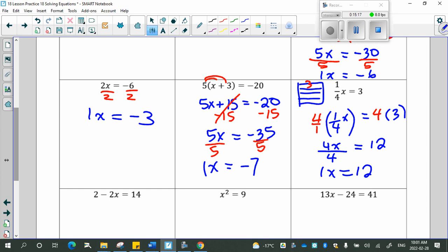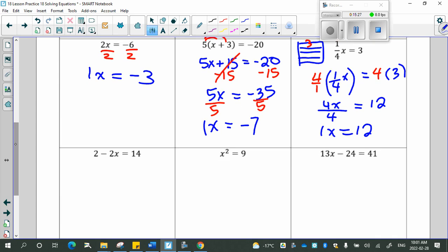What's the next one we're going to do? We're going to go to x squared equals 9 here next. So if we look at x squared equals 9, and we said to undo squared, we do square root. So we're going to do square root of x squared equals square root of 9.